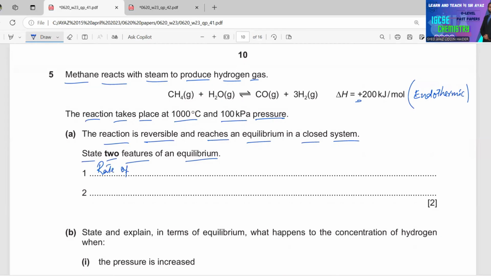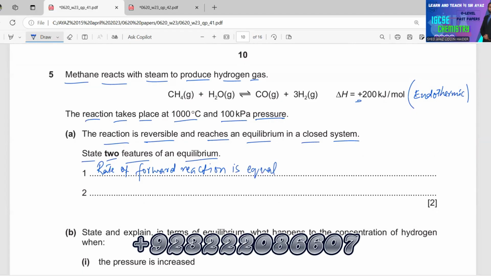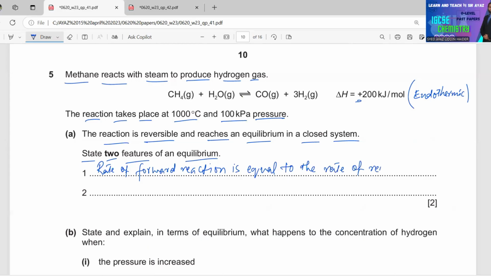Rate of forward reaction is equal to the rate of reverse reaction. The other feature is that the concentration of reactants and products are no longer changing.